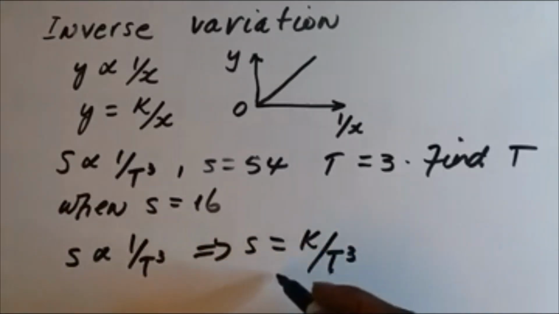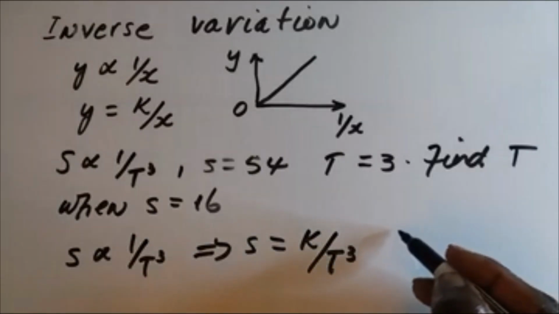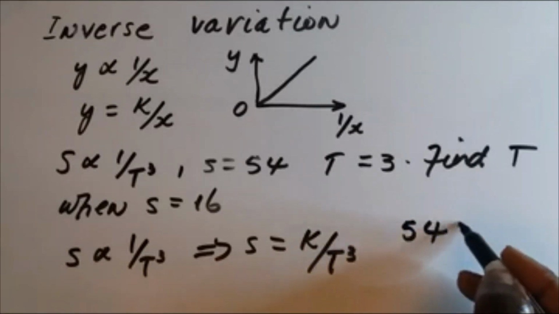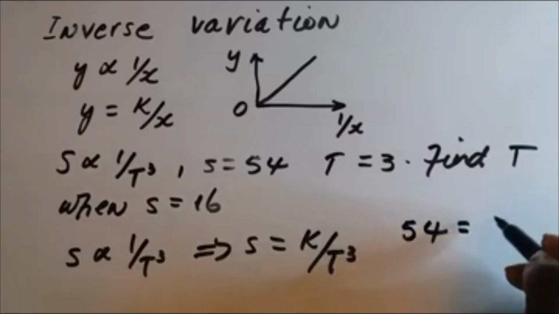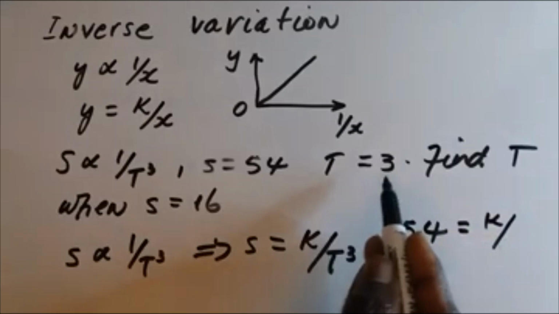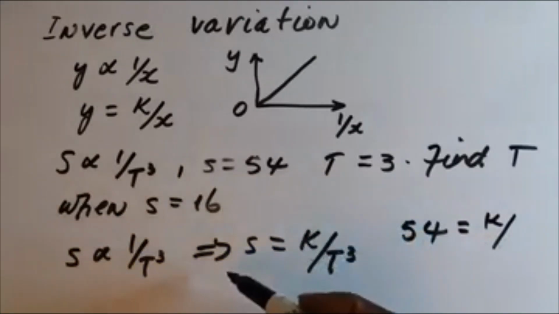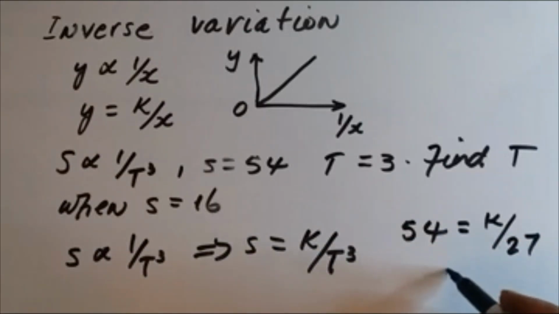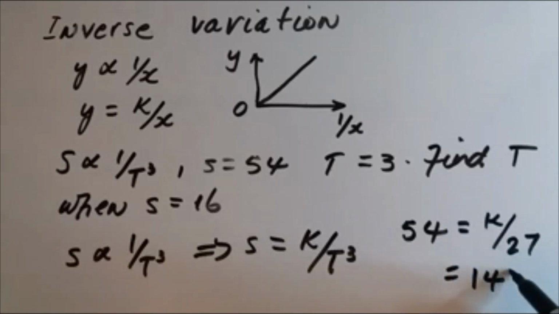So we're given that in the first instance s is 54, so we have 54 is equal to k over, and we've got t is 3, but it's t cubed, which is 27, which gives our constant of proportionality, or our gradient, as 1458.